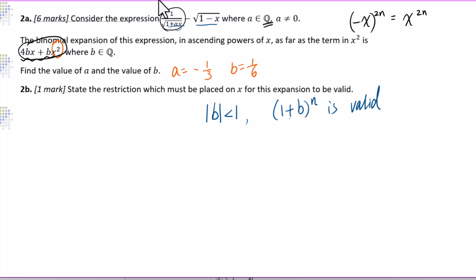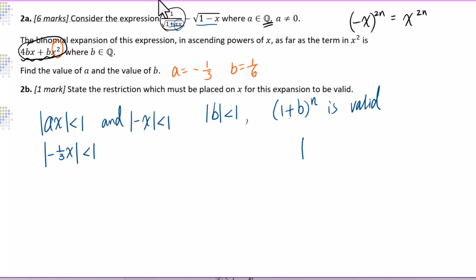For the first expansion, we have to make the absolute value of ax less than 1. For the second expansion, we have to make the absolute value of negative x less than 1. We need to solve these two inequalities. A equals negative 1 over 3, so we have the absolute value of negative 1 over 3 x less than 1.